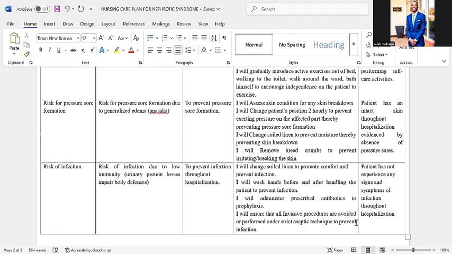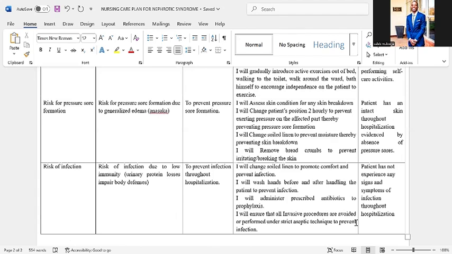We move to our last problem. Our last problem is risk for infection. So you understand that in this condition, the patient has a low immunity because of the amount of proteins that are being lost. And as a result, you find that the patient will have low immunoglobulin G, that helps in the protecting of the body.